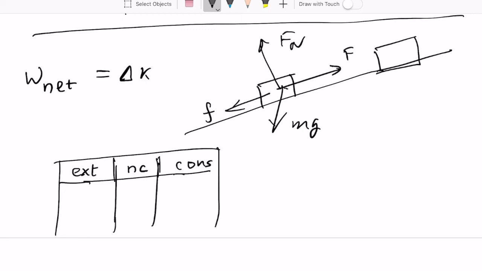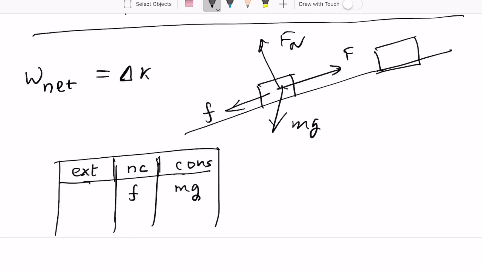Now, what is a conservative force? Remember that in physics 1, there are only going to be two conservative forces. So the only two conservative forces are spring and gravity. So what is the conservative force in this example? It's just the mg. What is the non-conservative force in this example? Non-conservative forces are always the forces of friction, air resistance, air drag, and all that. So the non-conservative force here is just the friction force.